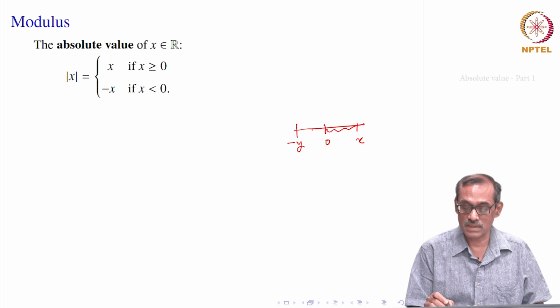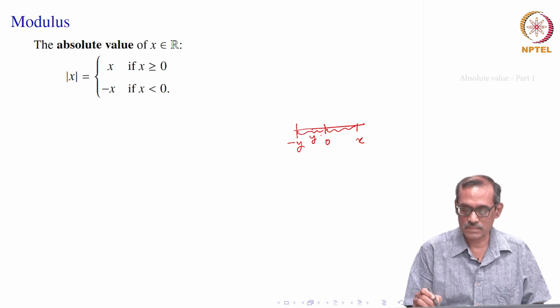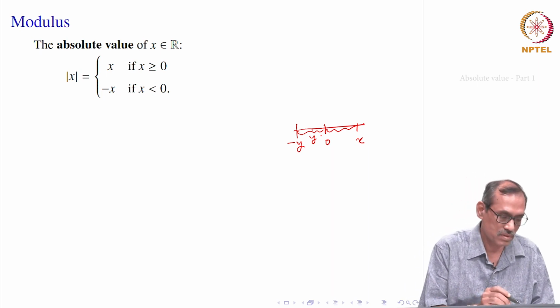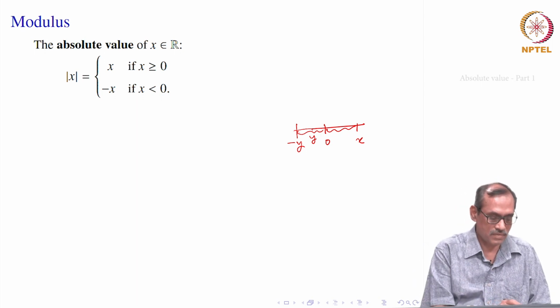So, minus y means something like minus 3, where 3 is positive. Here y is positive, minus y is negative, so that is why it is here. Then its absolute value will be the distance from this point to 0, which is again equal to y. So, that is how it will be used, and then we can of course write it in different ways.